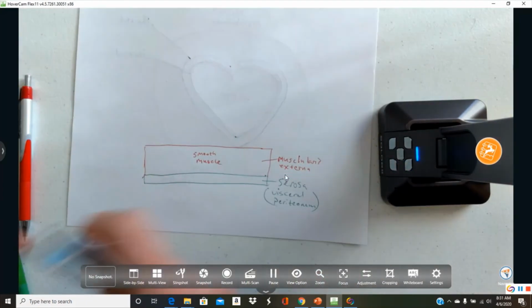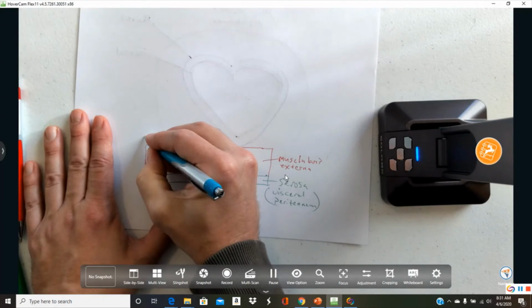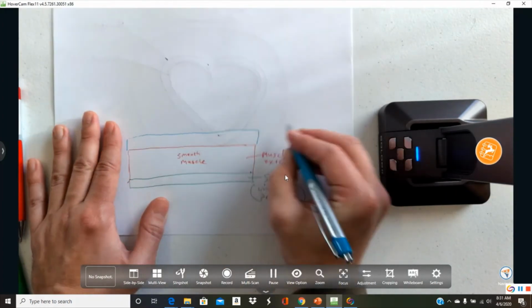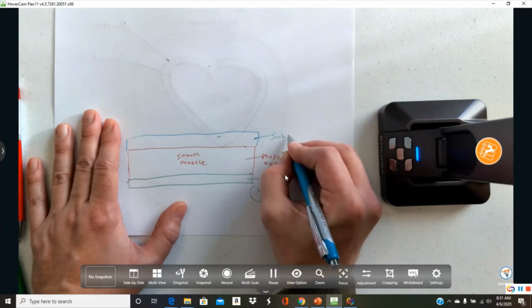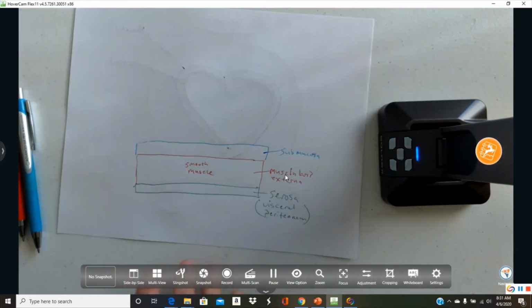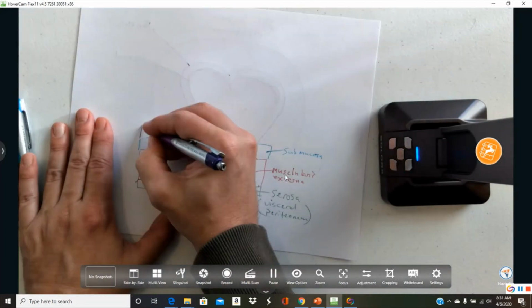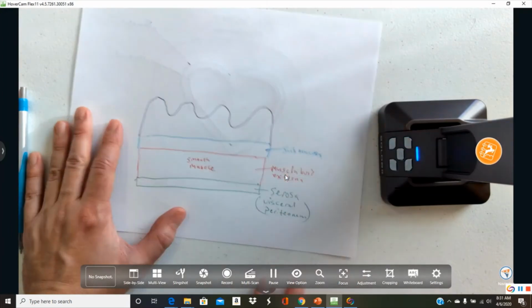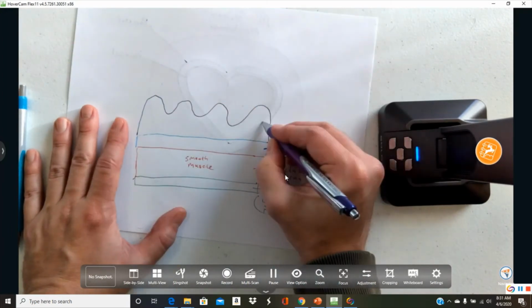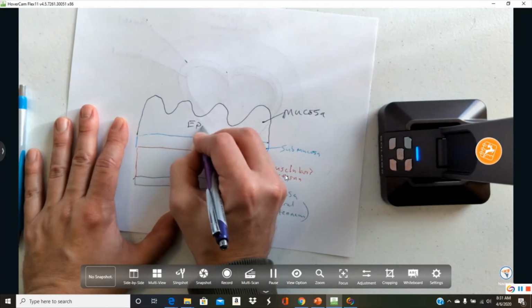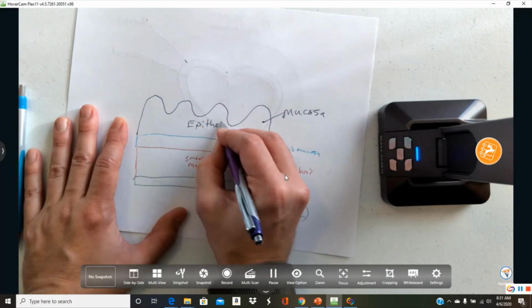And then I'm going to use a blue color here, and I'm going to reference the connective tissue layer of submucosa. And then I'm just going to use purple here, and I'm going to reference mucosa. And this is the epithelial layer.